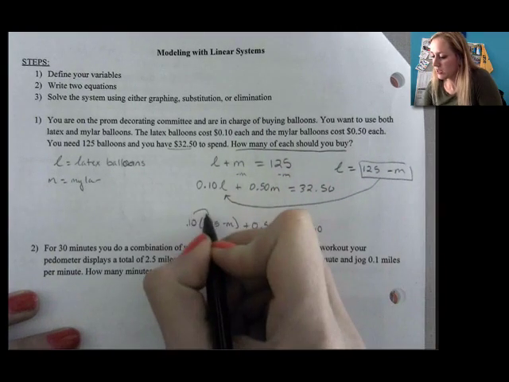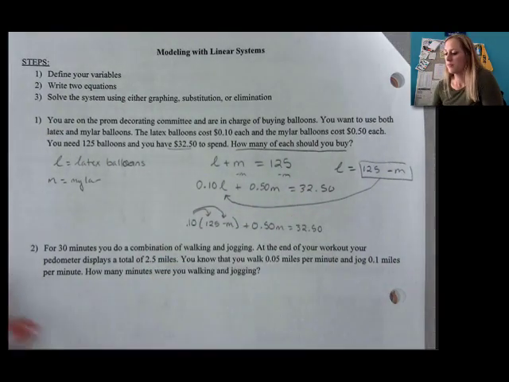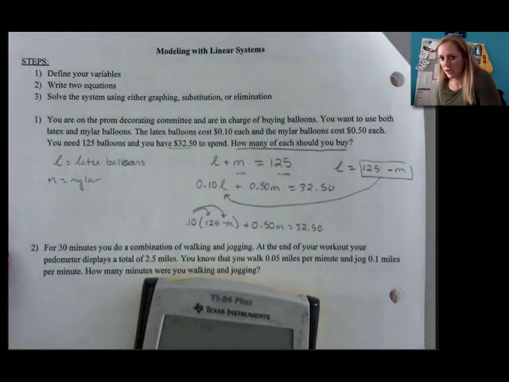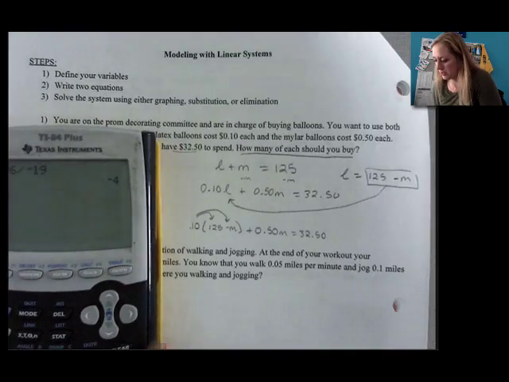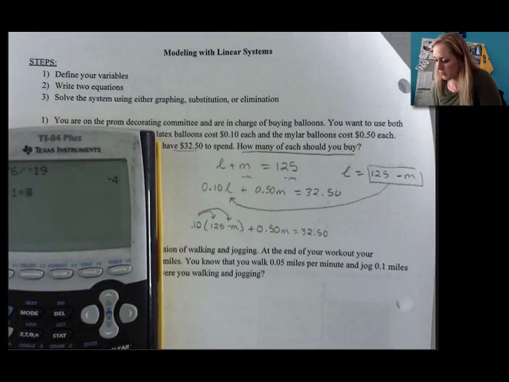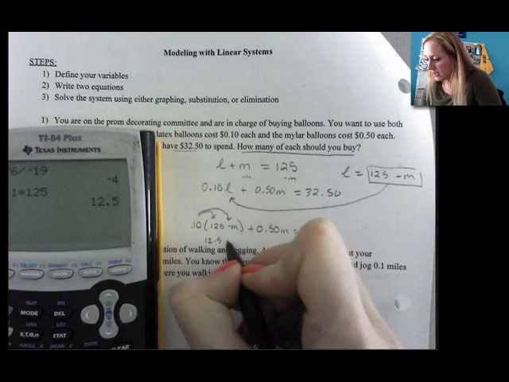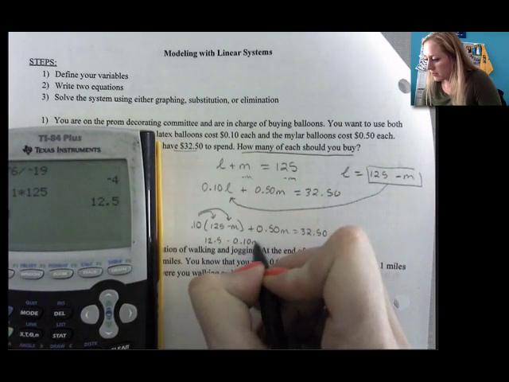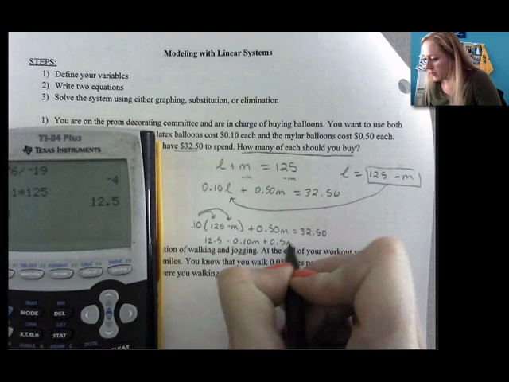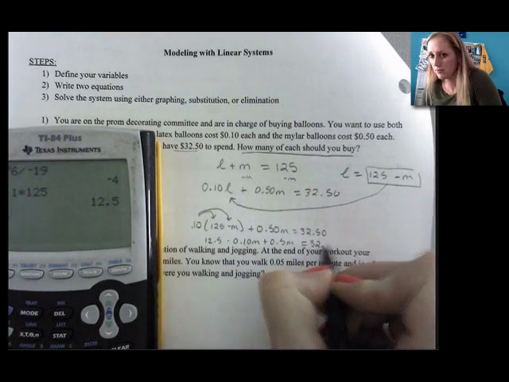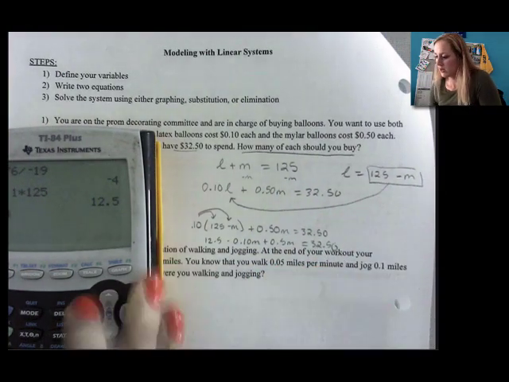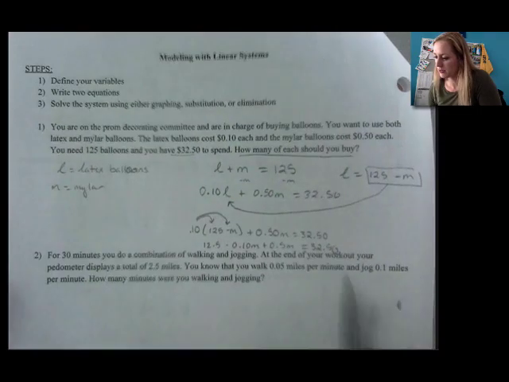Okay, so I'm taking that 0.10 and distributing. So 0.1 times 125 gives me 12.5 minus 0.10 M plus 0.5 M equals 32.50. All right, so now I'm going to combine like terms.